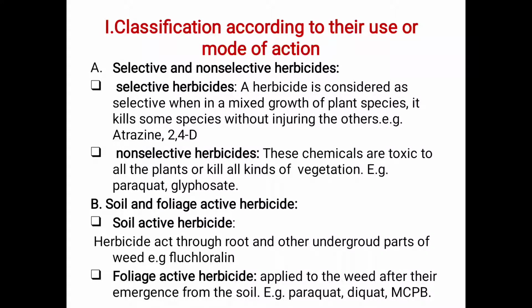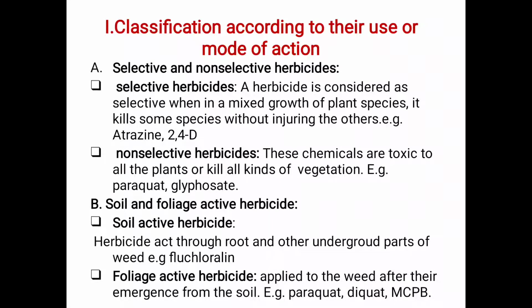Then soil and foliage active herbicides. First, soil active herbicides act through the roots and other underground parts of the weed. An example is fluchloralin. These herbicides act through the roots and other underground parts like rhizomes and tubers, so they are also called root herbicides.